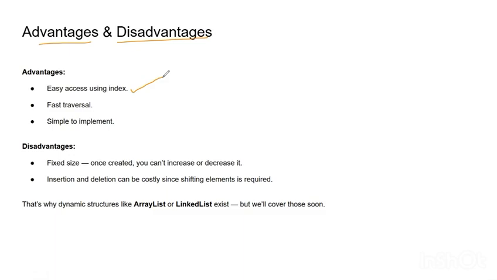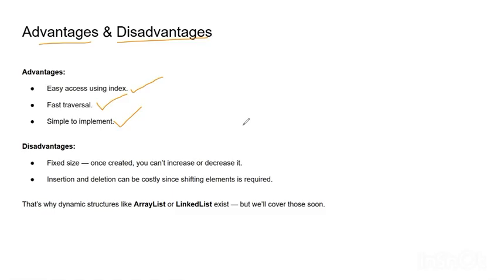With one particular locker number, you can go exactly to that locker and take out your data. Similarly, if you know the index, just by the index, the retrieval or access of the element is pretty fast. Fast traversal, simple to implement. So there's no rocket science here. It's very simple to apply and exercise the benefits of an array.